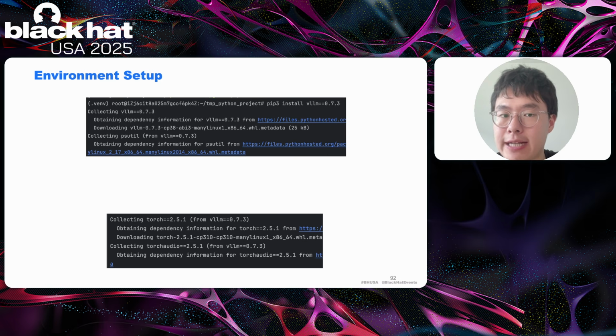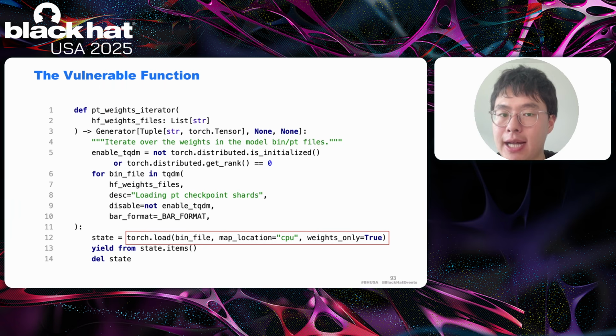First, let's set up our environment. Since the latest version of vLLM has already fixed this issue, we need to install an old version, exactly 0.7.3, and you can see that when we install vLLM, it will install the old version of PyTorch. Here, we will use this function as an example to demonstrate the existence of the vulnerability.